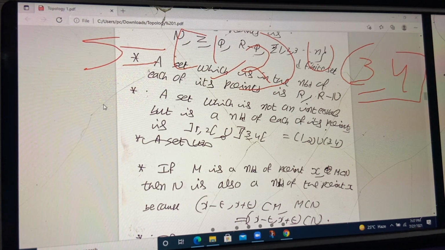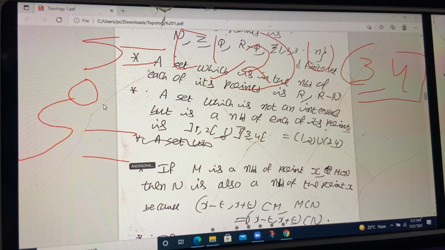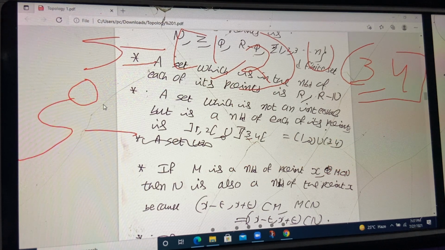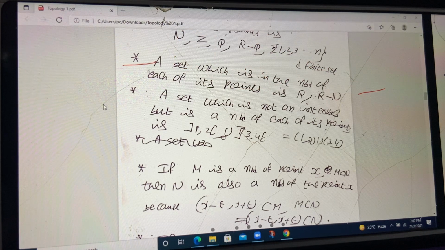Then S interior is the open interval (1, 2) union the open interval (3, 4). For semi-closed also you will get the same. Interior is the same, but the sets are not the same. You might have observed, for a closed interval also the interior is an open interval. For an open interval also it is an open interval.